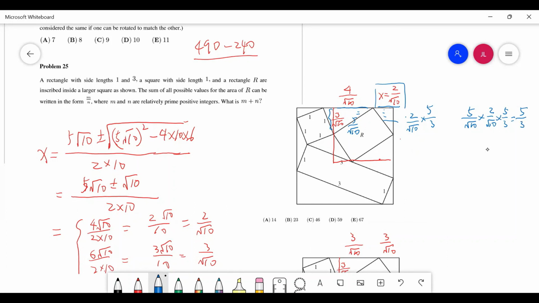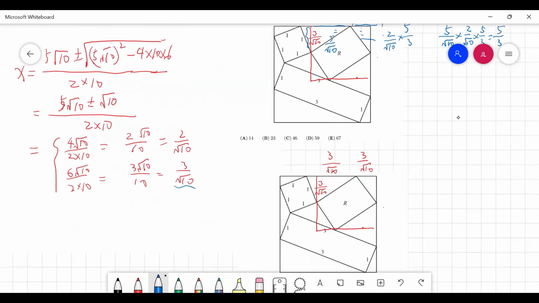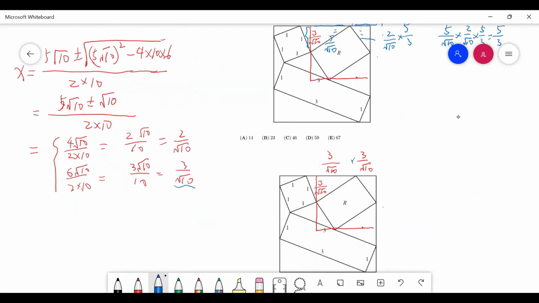So now we look at the other case, x equal to 3 over square root 10. So that's going to be this figure, right? So we can see this x equal to 3 over square root 10. So this side is going to be 3 over square root 10. So look at this triangle. This is going to be a 45, 45, 90 degree triangle. Similar is this one. So these both are 45, 45, 90 degree triangles, right?